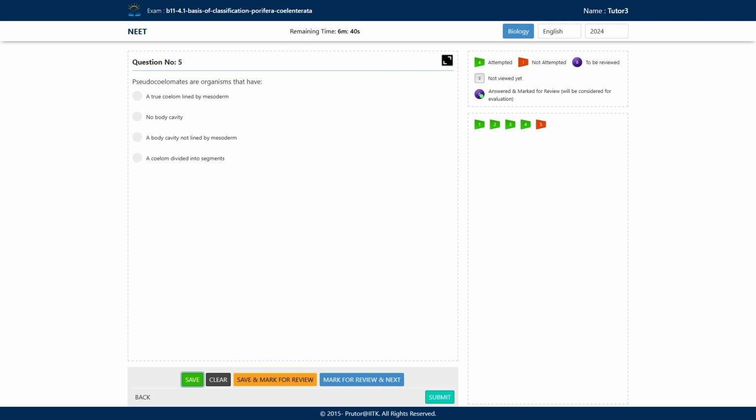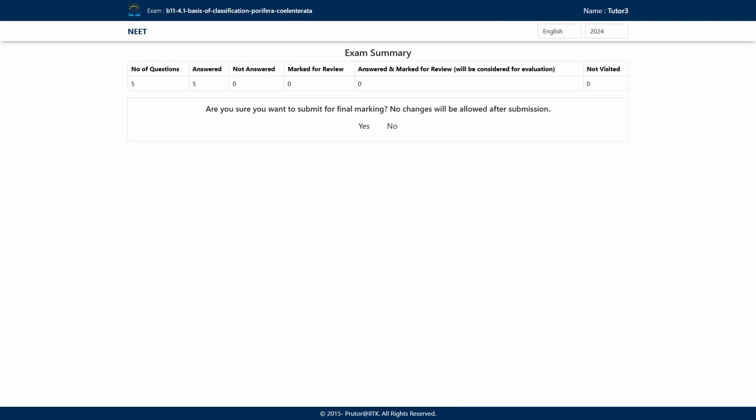Very good, option C, a body cavity that is not lined by the mesoderm. They have a body cavity, but it is not lined by the mesoderm layer. So that is the pseudocoelomate, false body cavity, right? So we will opt for this, save it, submit it, and see the results.